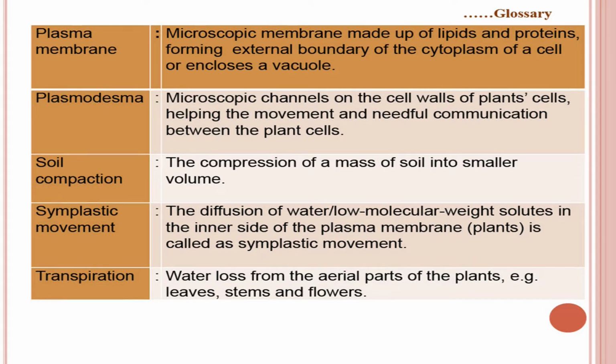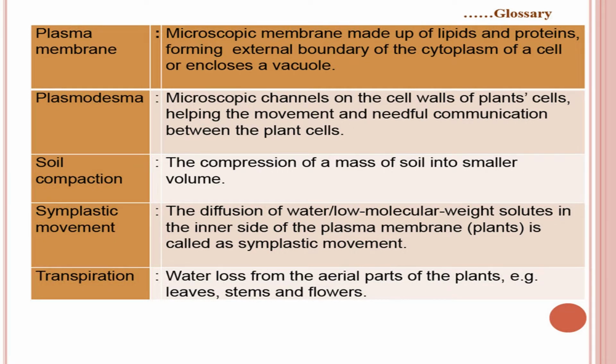Then plasmodesmata or plasmodesma, microscopic channels on the cell walls of the plant cells, helping the movement and needful communication between the plant cells. So, plasmodesma are just entry or exchange points through which the substances pass from one cell to another cell.